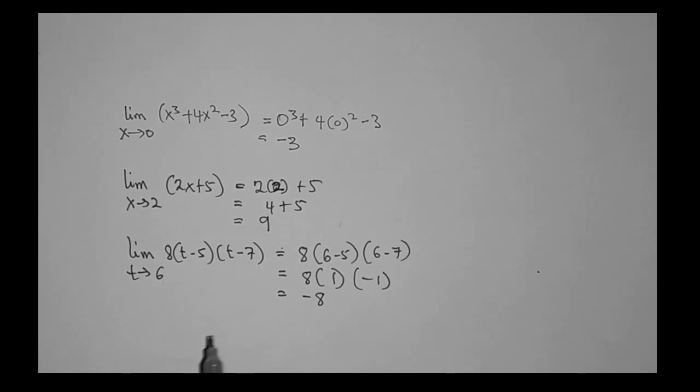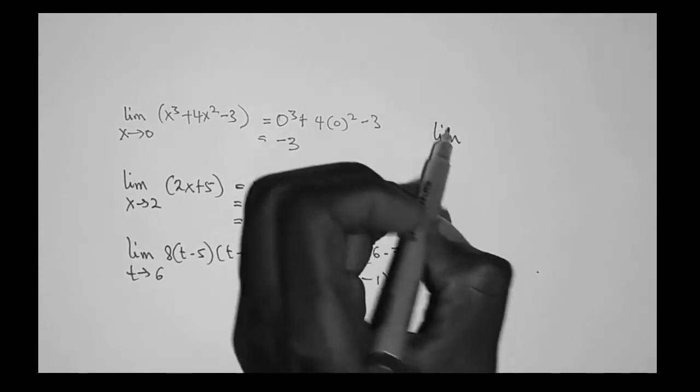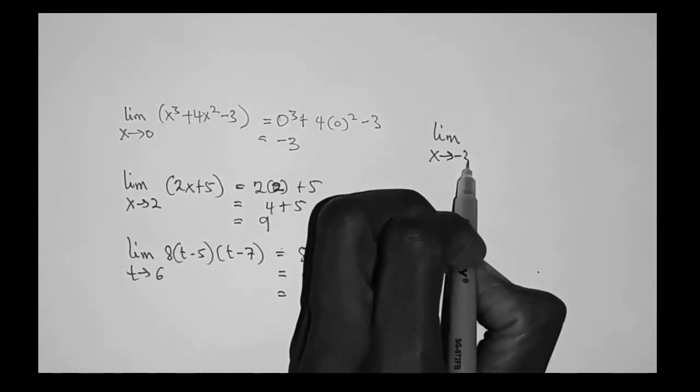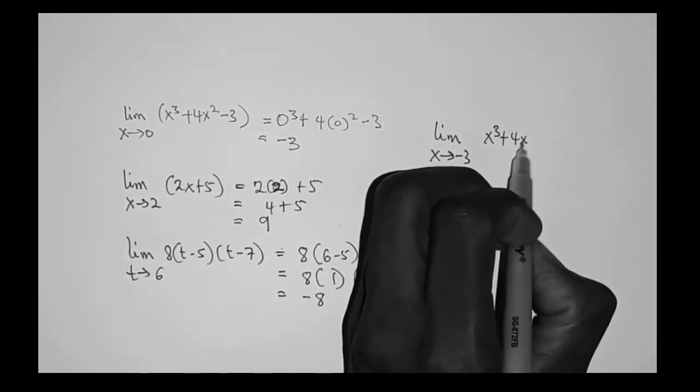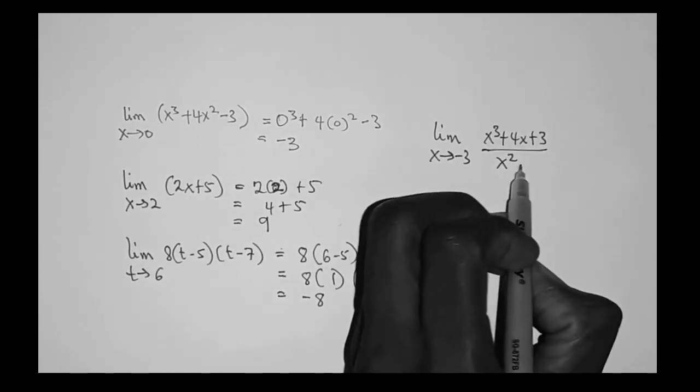Now, having gotten that, let's come to the limit of rational functions. What is the limit as x approaches minus 3 of (x cubed plus 4x plus 3) divided by (x squared plus 5)?